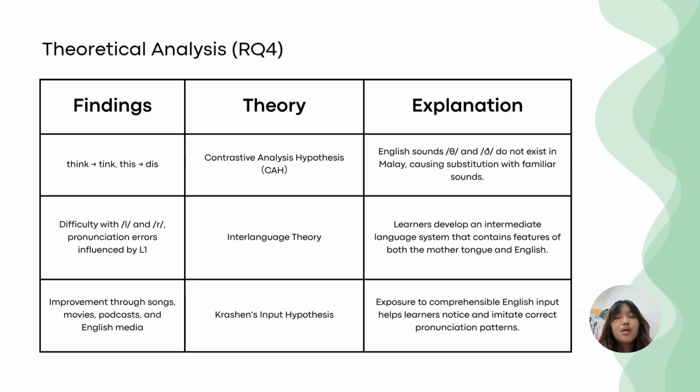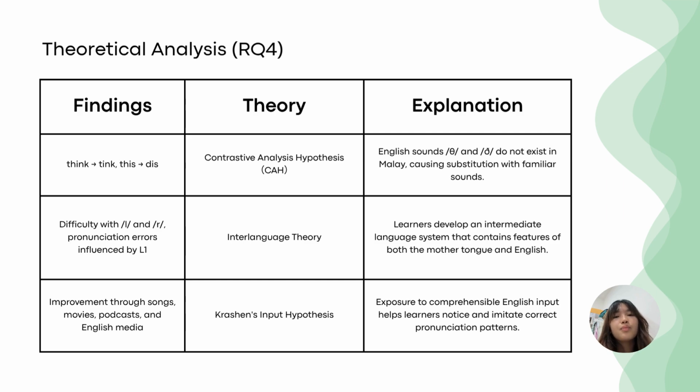Finally, the comprehensible input hypothesis explains how pronunciation improves through exposure to English. Participants reported using English media such as songs, movies, podcasts, and YouTube videos to improve their pronunciation. According to Krashen, learners acquire language more effectively when they receive sufficient comprehensible input.